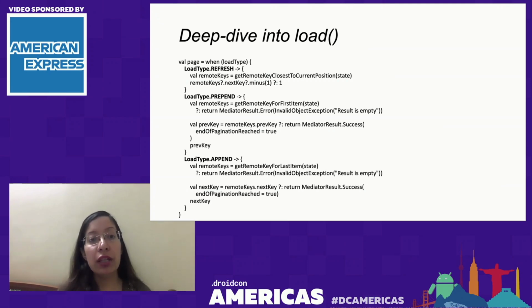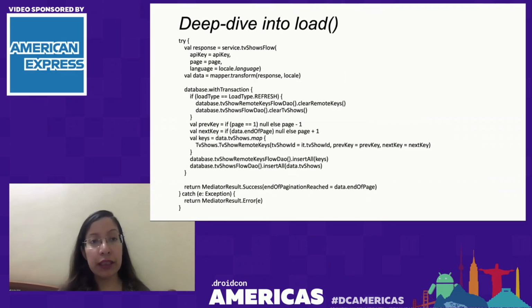Here, I'm getting the remote key based on the load state, and after I get the remote key, I'm making a network call, getting the data and putting it in the database. If it's a refresh, I'm clearing the database first before populating it with the new data. And then I keep track of remote keys as well in the database.